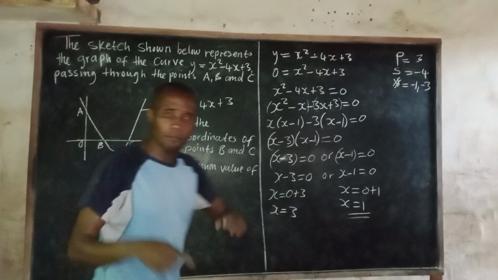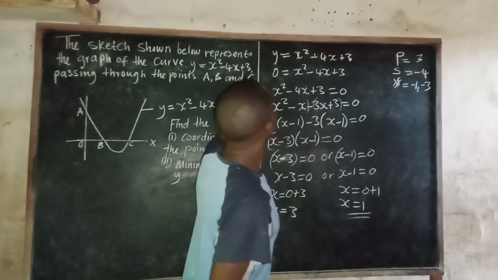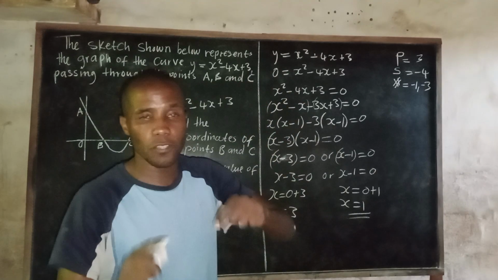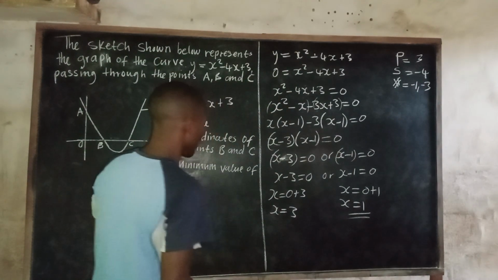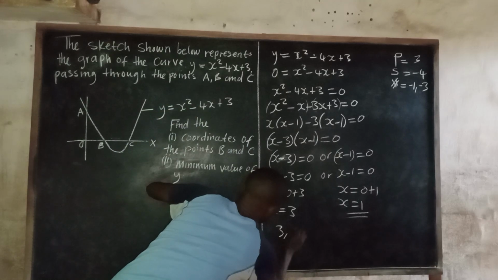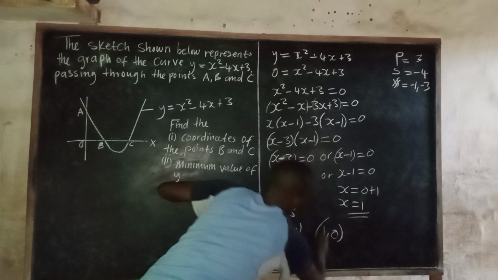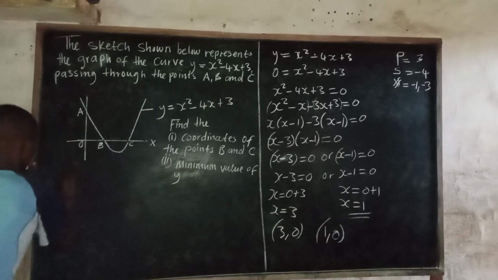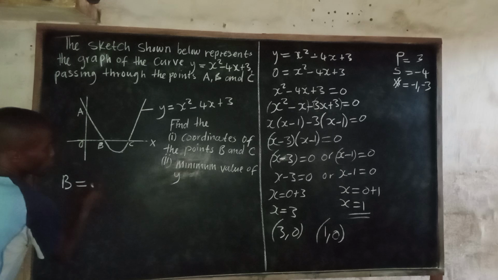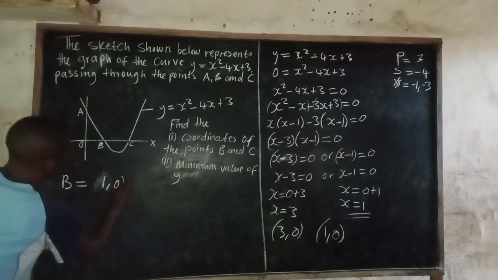Now remember, for us to find these values of x, we made y equal to 0. So the coordinates here will be 3, 0. Even here it will be 1, 0. So now B equals 1, 0 coordinates.